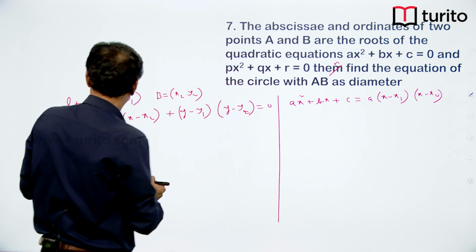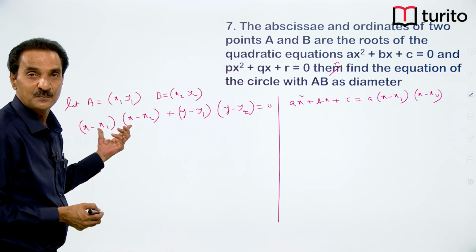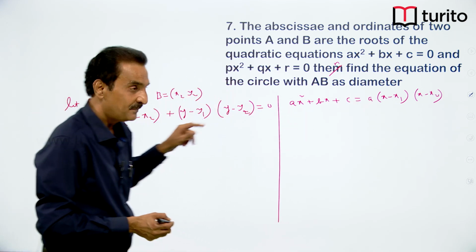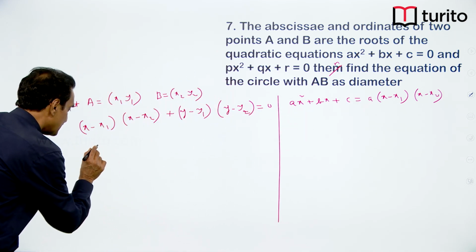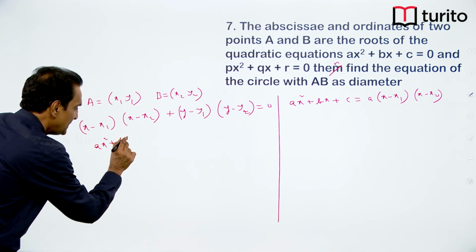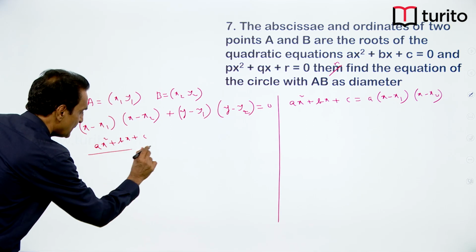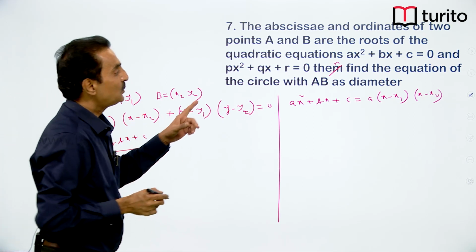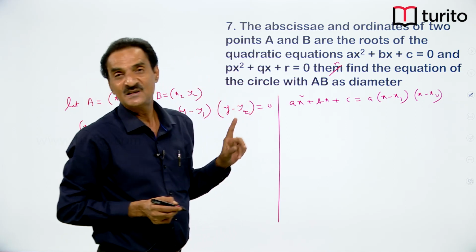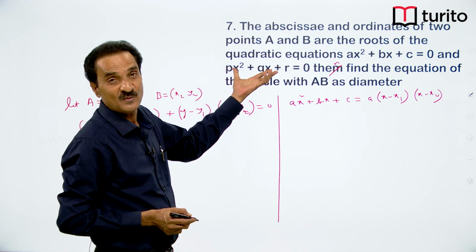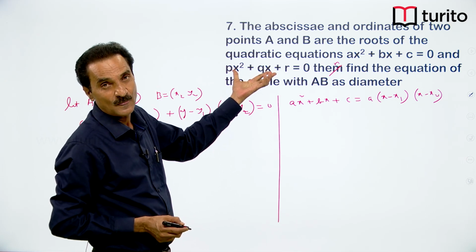Now, what is this product? This product is this divided by a. So, I will write ax square plus bx plus c by a. Now, y1 and y2 are the roots of this equation. So, you can write this equation as p into x minus y1 into x minus y2.